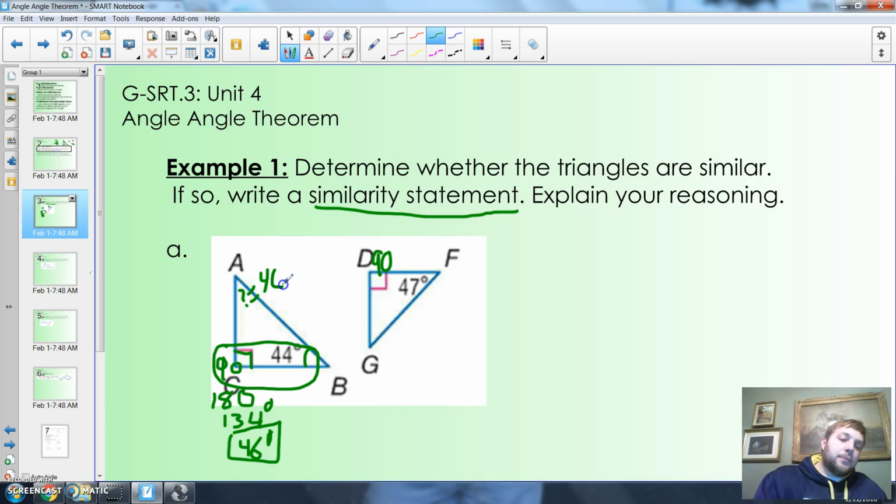So I have a 44 degree, I have a 90 degree, and I have a 46 degree. Well, my 90 degree angles match up, but the 47 doesn't match up with any of the others. So therefore, no soup for you. No, actually no similarity.